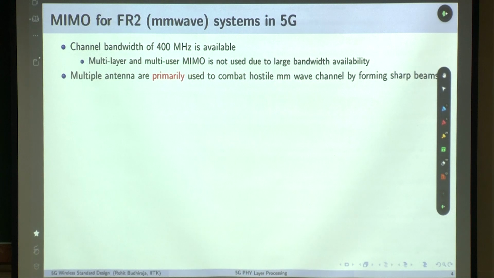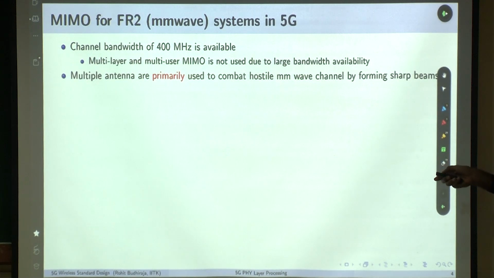So we use multiple antennas to combat this channel by forming sharp beams towards the user. I will give you a pictorial view. If the beam is sharper, it will travel a longer distance, and that is the primary objective of using multiple antennas in FR2.